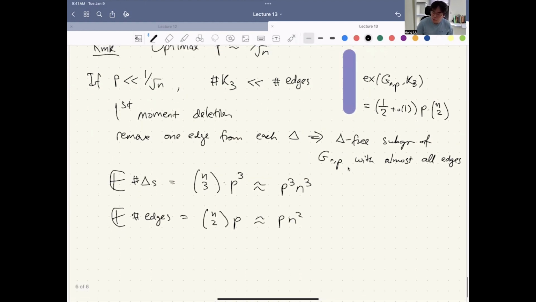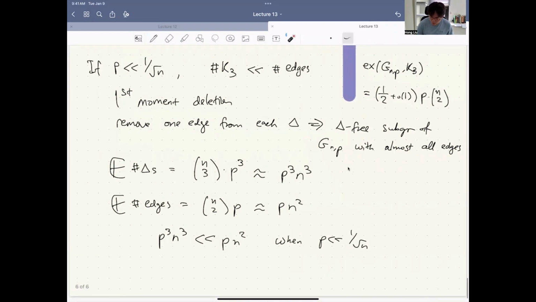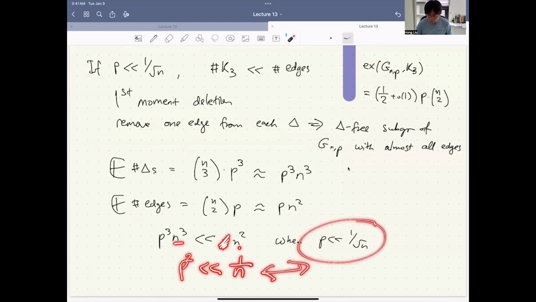Now, when p is much less than 1 over square root n, this is much less than that. Because p squared is much less than 1, p cancels out. Move n cubed to the other side, you get 1 over n. So it's equivalent to this, okay?